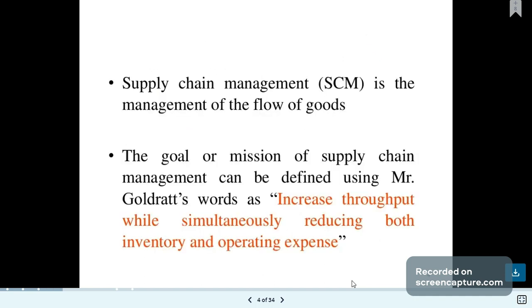After that, supply chain management, SCM, which is called the management of the flow of goods. The goal or mission of supply chain management can be defined using Mr. Goldratt's words: increase throughput while simultaneously reducing both inventory and operating expenses.